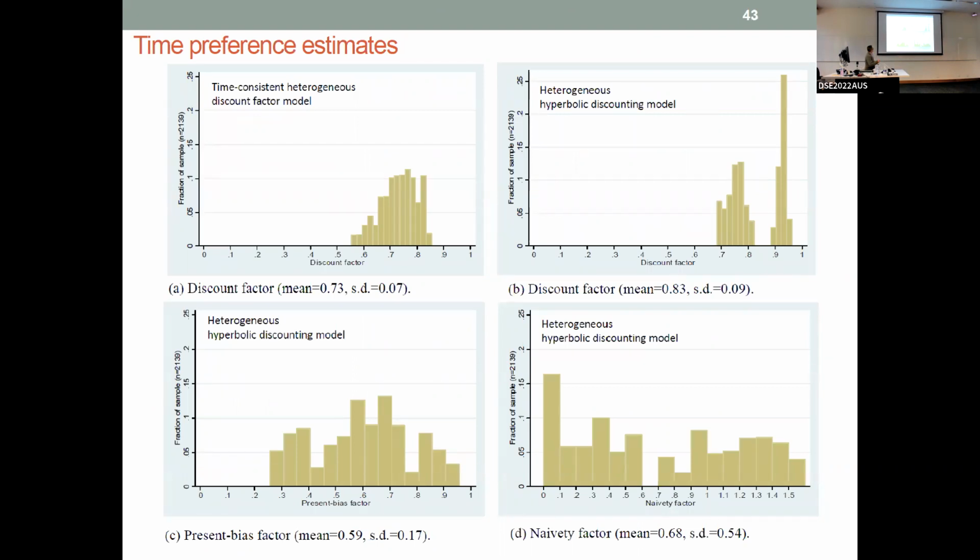And if we estimate a time consistent heterogeneous discount factor model, we get the discount factor with a mean of 0.73, standard deviation 0.07. And these three graphs show the baseline model, which is a heterogeneous hyperbolic discounting model.